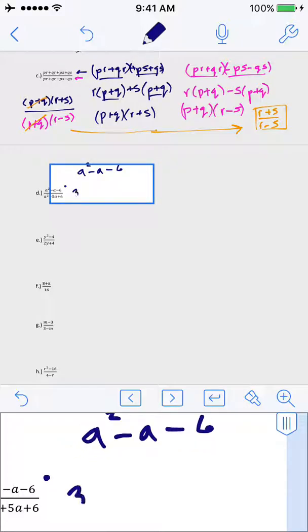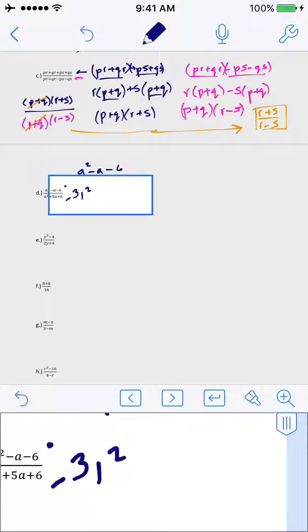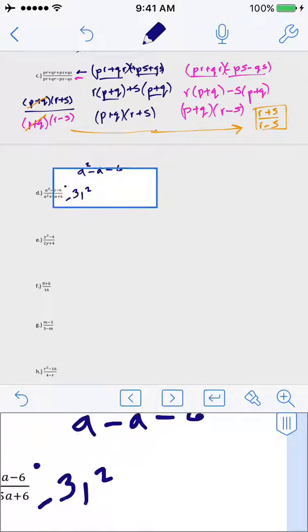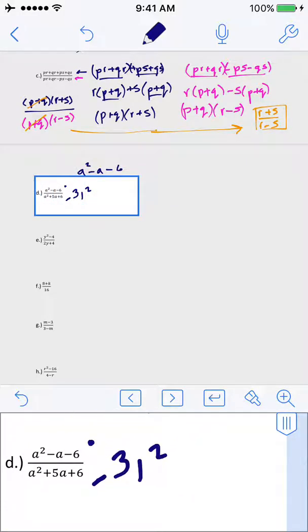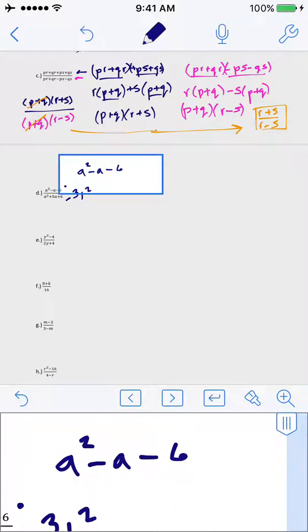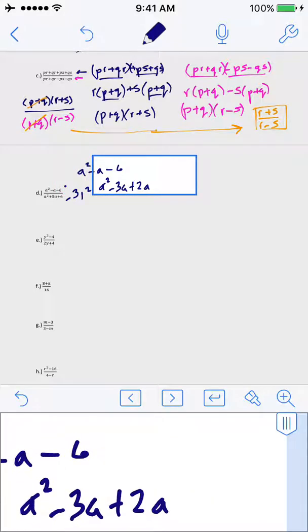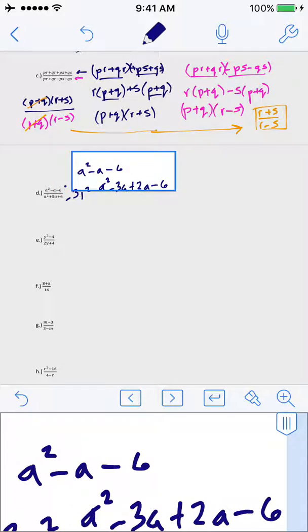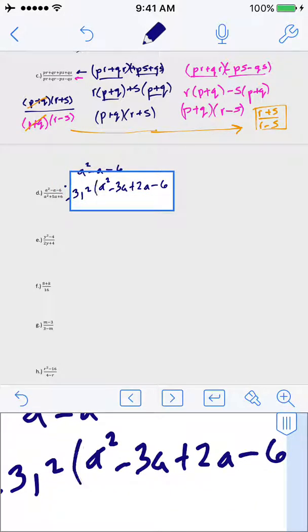In order to get a negative 6, one of them would have to be negative. In order to get a negative 1, that'd have to be a negative 3. So negative 3 times 2 would be a negative 6. Negative 3 plus 2 would be a negative 1. Got A squared minus 3A plus 2A minus 6. Once again, I've split up the middle. Now factor by grouping.